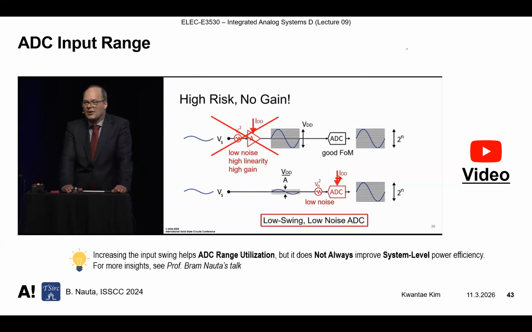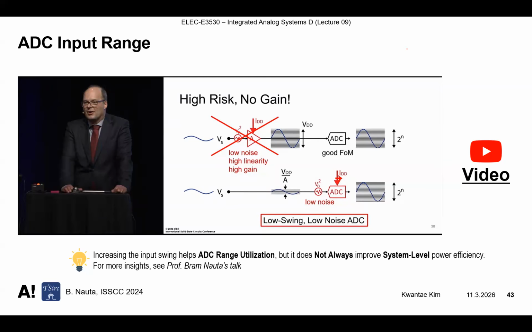So increasing the input swing helps ADC's range utilization only. So when we think about ADC only, it is helpful to increase the input swing. But in general, for the system-wide view, increasing the ADC's input swing may not be the best solution. So it depends on what system you are thinking about.